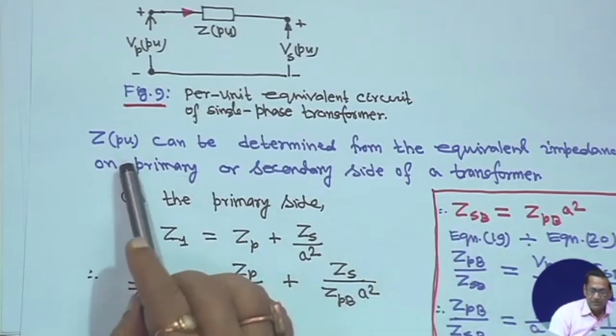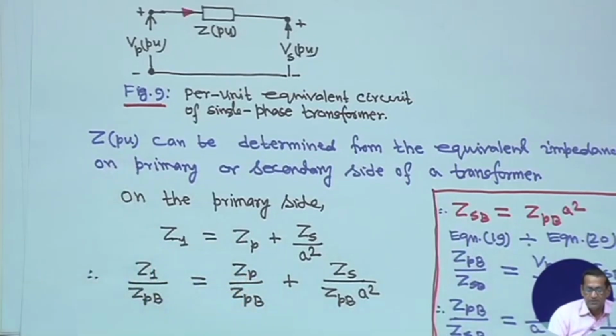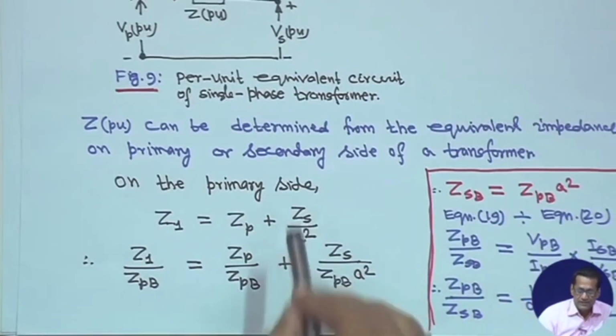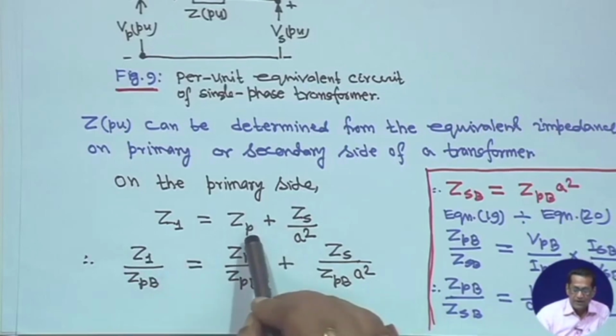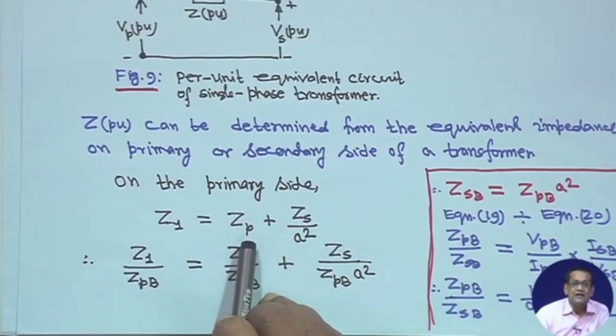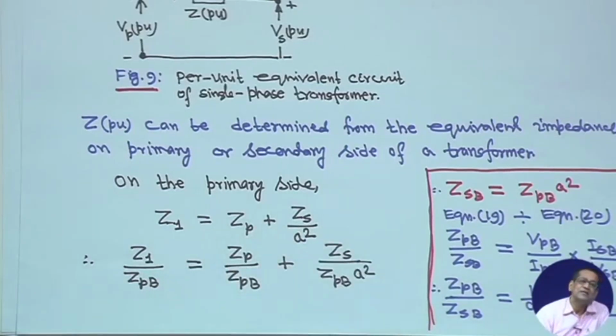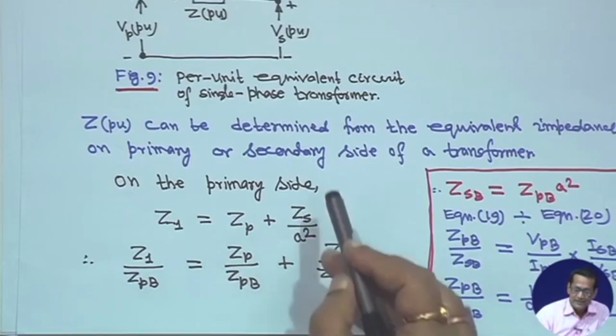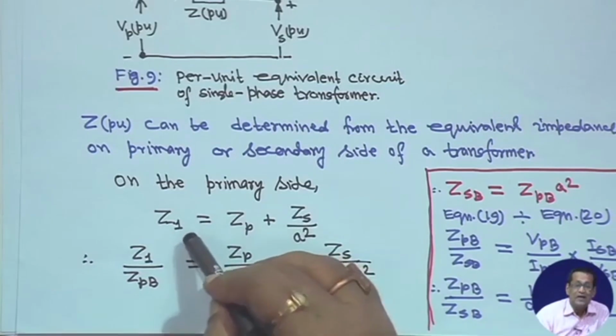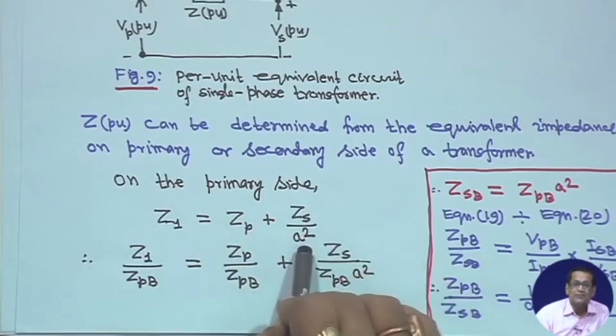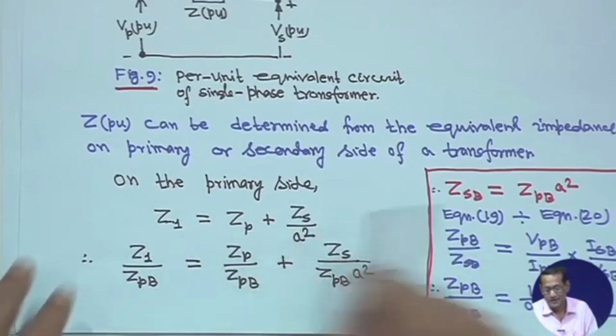Now, Z per unit values can be determined from the equivalent impedance on the primary or secondary side of a transformer. For example, on the primary side, the primary side impedance is ZP, and the secondary side impedance was ZS, but when referred to primary it will be ZS upon S square, that you know, right.